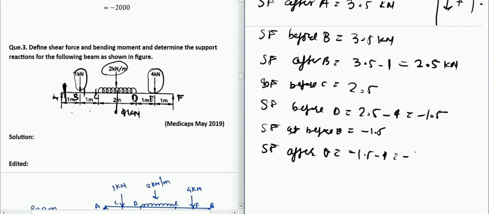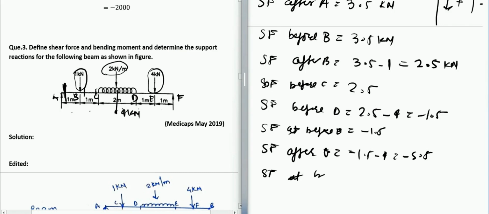It comes out to -5.5. And let us calculate the shear force before F and at F. Before F we have -5.5 because there is no shear force in between, and the shear force at F will become 0 because there is a sudden upward force which is positive. So +5.5 and the -5.5 before, so it will just become 0.